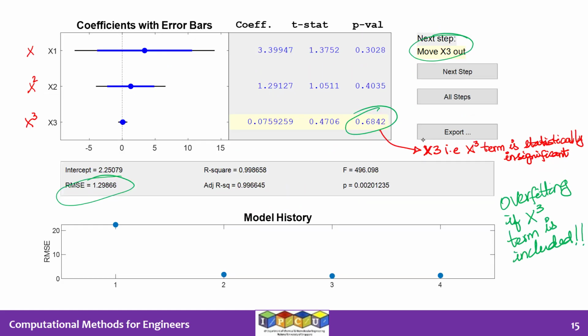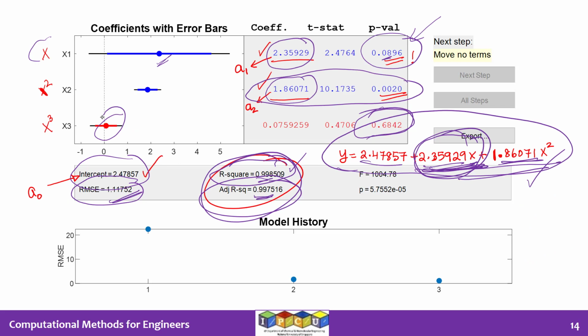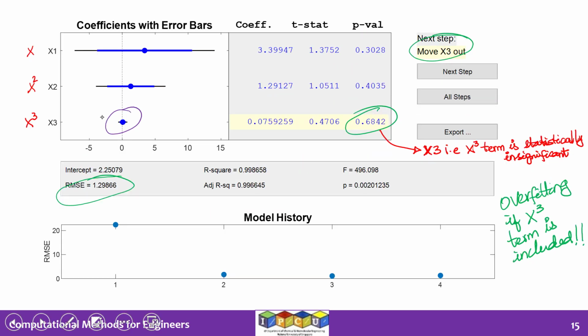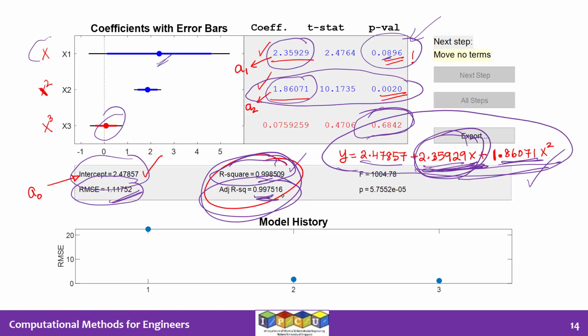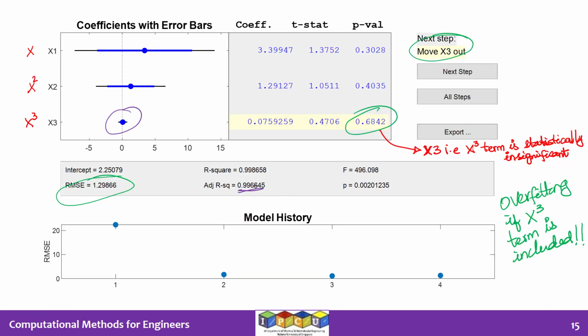Now, if you include all terms in the model, I'm including now the x3 term as well. I'm just force including it in the model by clicking on that red dot here, and then you get these results. What you see is now the R squared adjusted actually falls from 0.997 to 0.996, which is an indication that the x cube term is not a welcome term because it reduces adjusted R squared, even though by a very, very small margin.